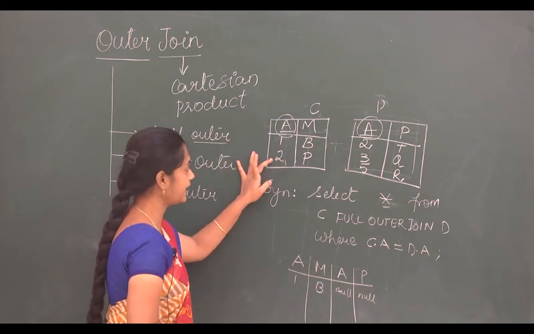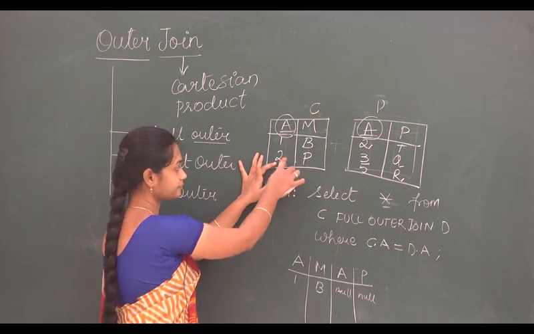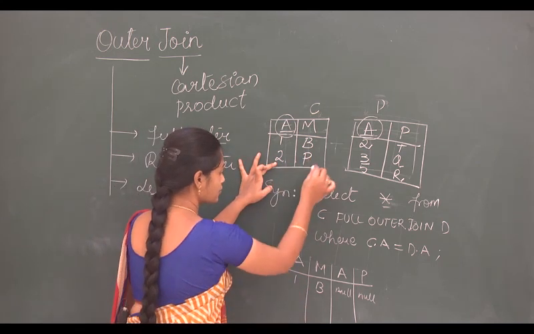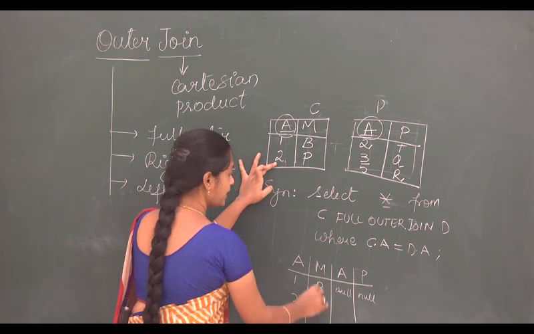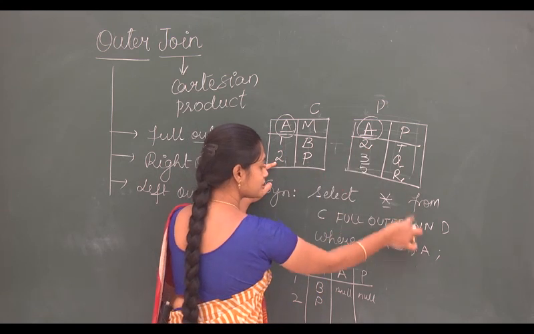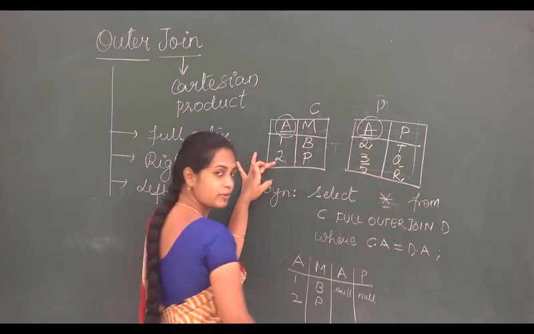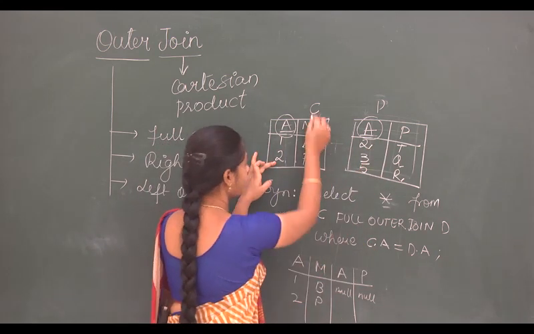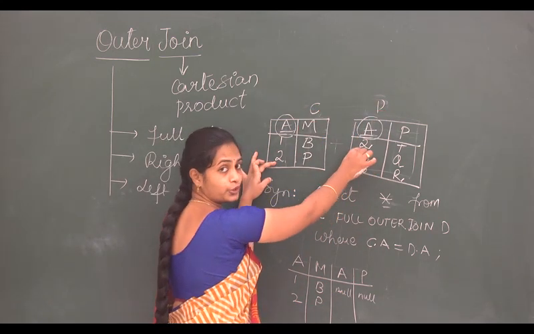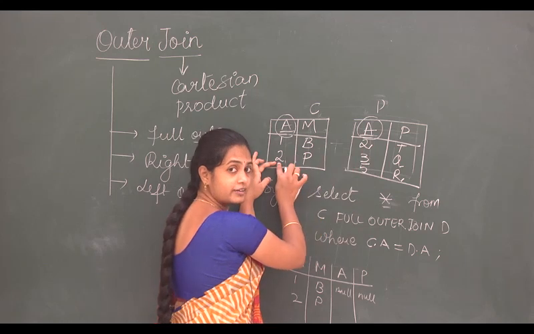Okay. And again, what is the next one here? The second tuple you have 2P. Okay, so 2P. Now it will check the condition whether 2 is equal to 2 in the D table or not. See here, C dot A. What is C dot A here? 2. And what is D dot A? 2. You have matched the value here.